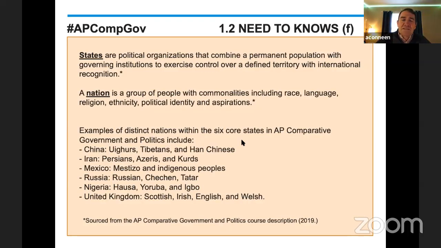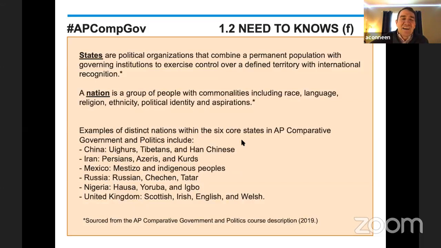If you look at our 6 core countries in AP comparative government, or 6 core states, each of our countries has specific nations that will be examples of nations within those states. So in China, we're talking about the Uyghurs in Northwest China, particularly in a Muslim area called Xinjiang, versus Tibetans, who are in the southwest corner of China.